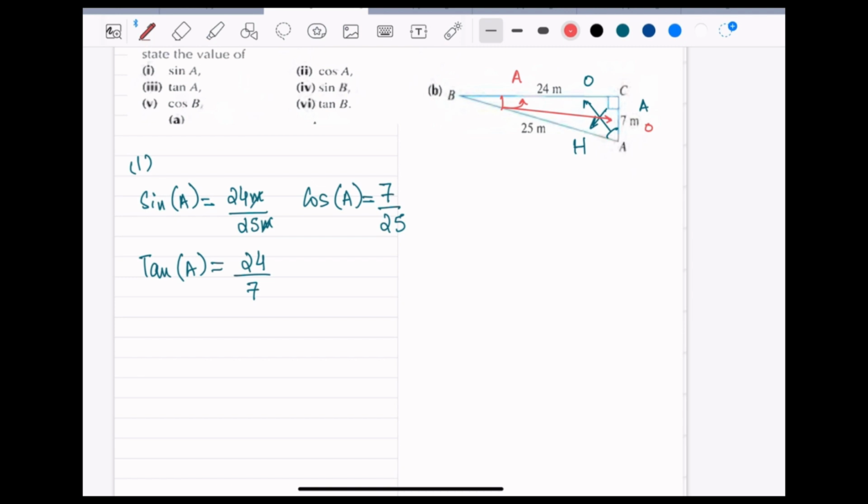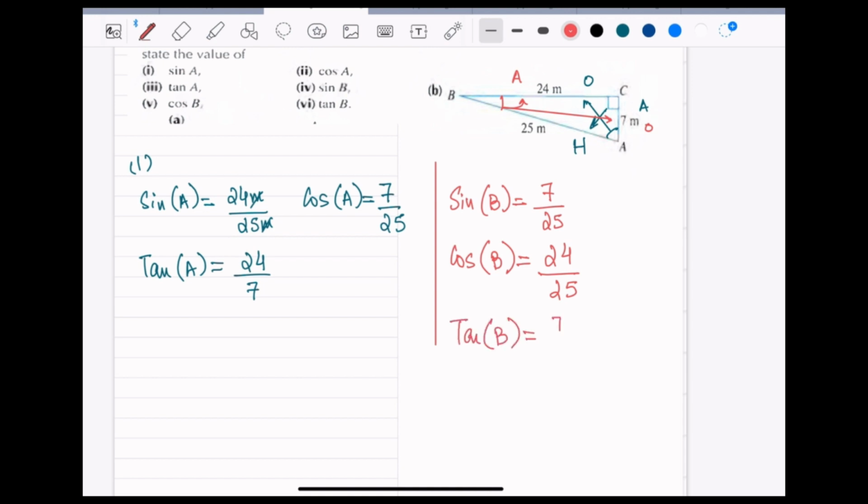Hypotenuse remains the same. So if I have to find out, let's say, sine of angle B, then sine is opposite over hypotenuse. So opposite is 7 over hypotenuse is 25. Cos of angle B is adjacent over 25 and tan of angle B is opposite over adjacent. So this is how we find it.